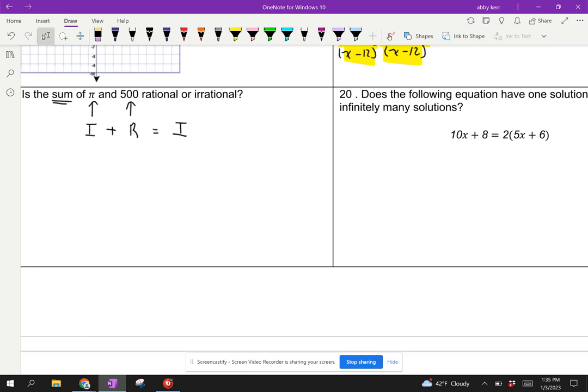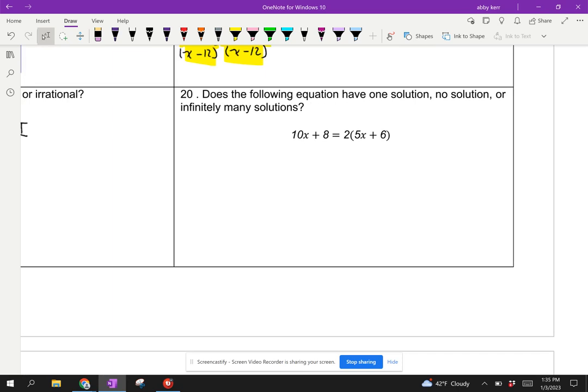So we know that, remember, an irrational number is a decimal that does not have a pattern and it goes on forever. So pi is definitely the most famous irrational number. So if you add 500 to it, it's just a bigger irrational number.